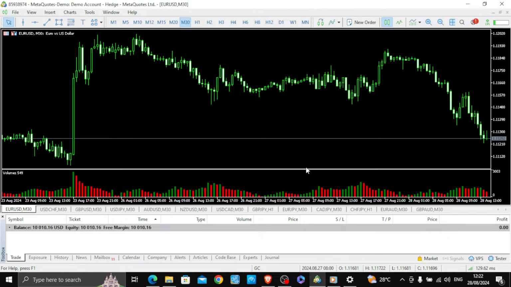We are going to check how we can use the lower time frame to enter in the direction of the higher time frame without making use of any indicator. So that's exactly what we are going to do now.